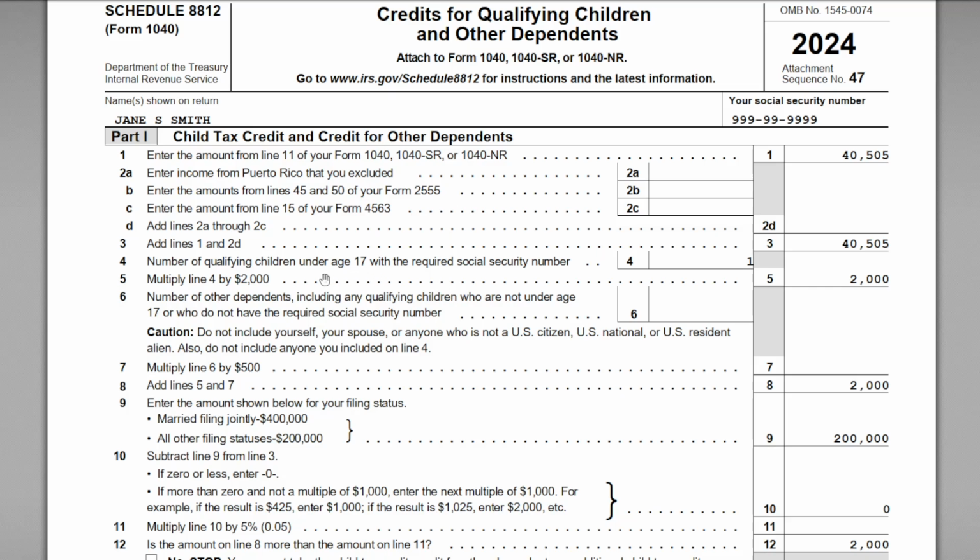Now, the number of qualifying children under 17 that have the Social Security number, in this case, we have one, right? She has one dependent. That's a qualifying child. So on line 5, we multiply $2,000 times 1, and we're left with $2,000 reported on line 5.